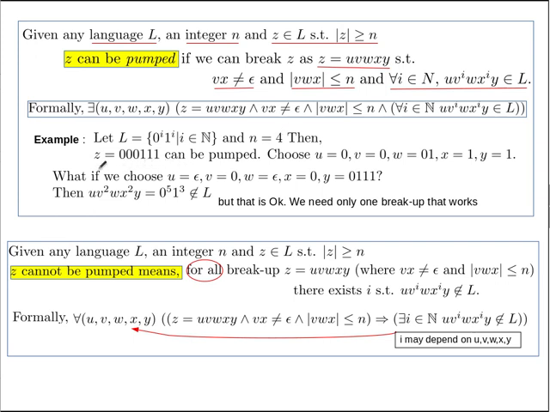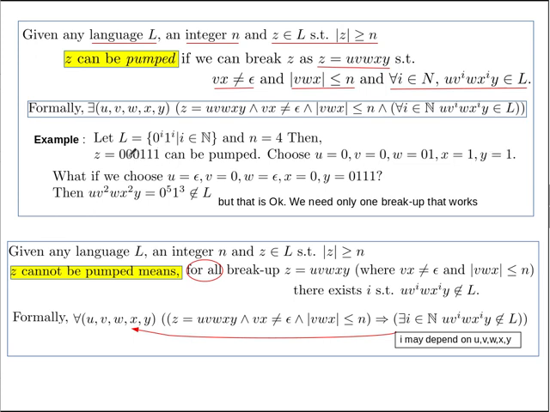And we argue that this can be pumped because we can break it down like this. The first 0 is our u, then the second 0 is our v, and then this 0 1 after that is our w, and then x is this fourth symbol, this 1, and then y is this last 1.